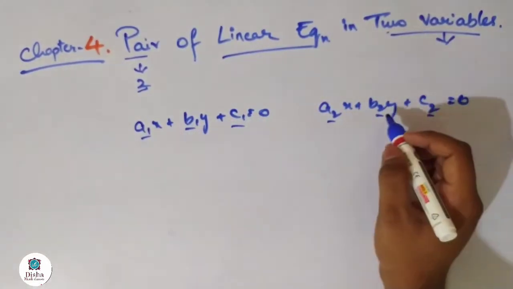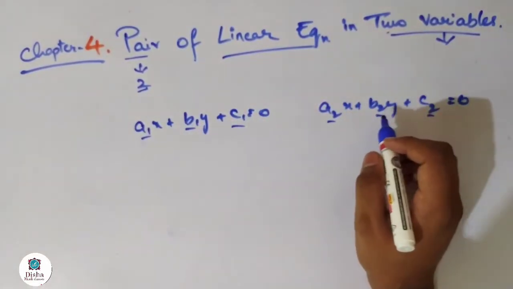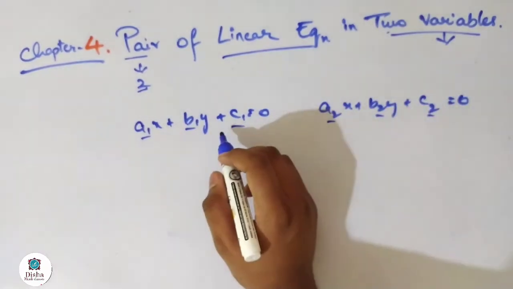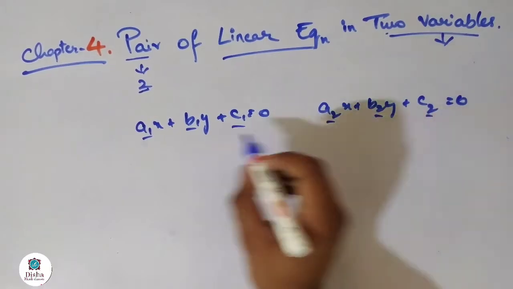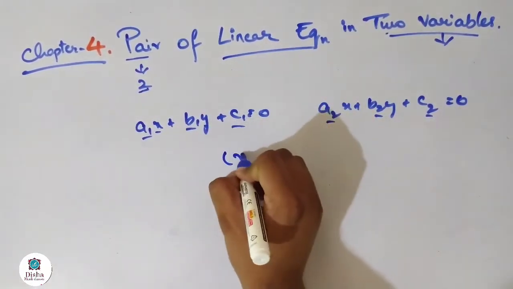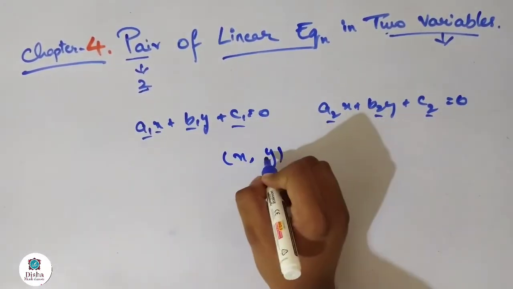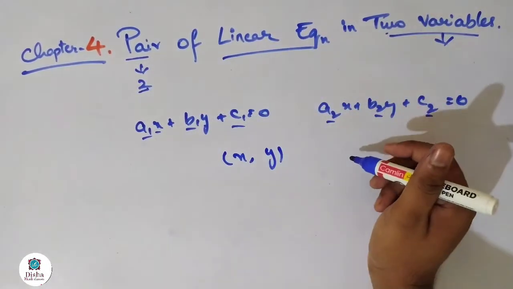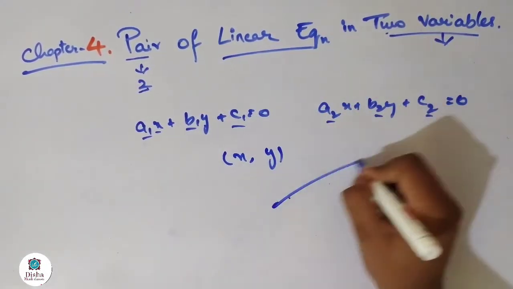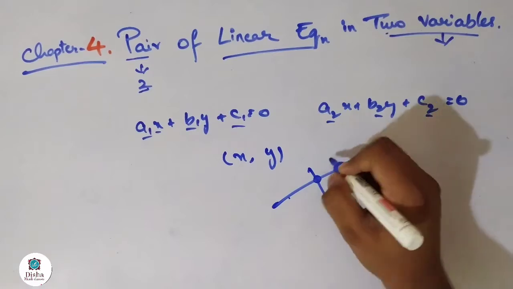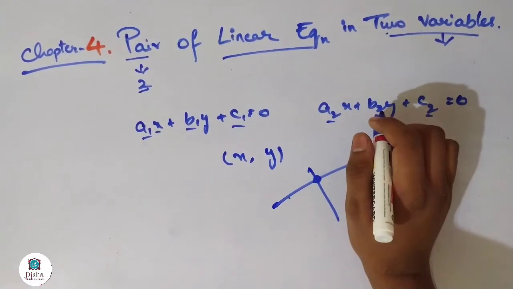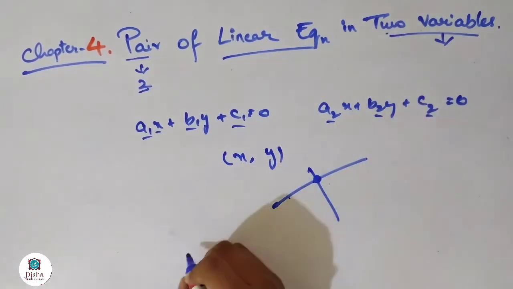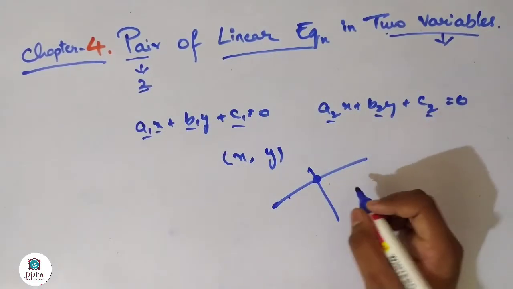Now if these two are equations, they will be equal at some point x and y. So we should find the point x and y where these two will be equal. These two will intersect, or we know it as zeros of these equations. So for finding it, we have three methods.